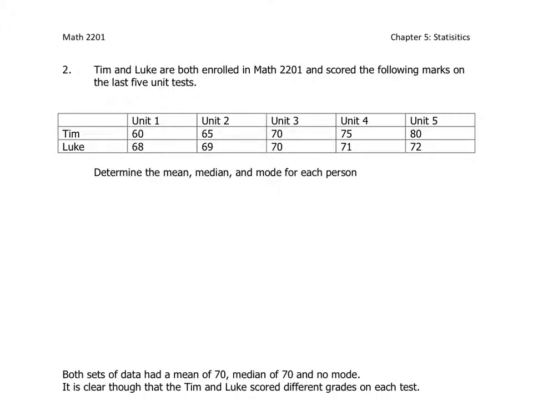Okay, the next question asks you to find the mean, median, and mode for each person, and these are the last 5 unit tests in Math 2201 for 2 different students.